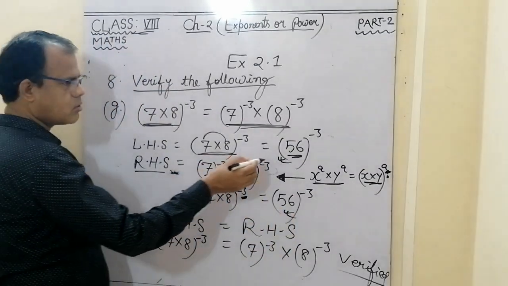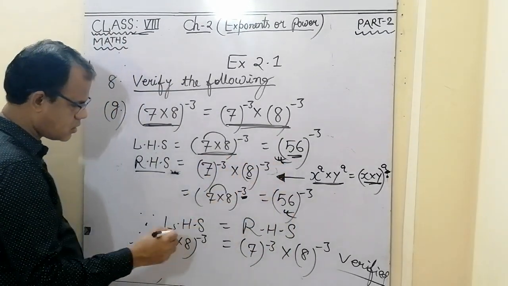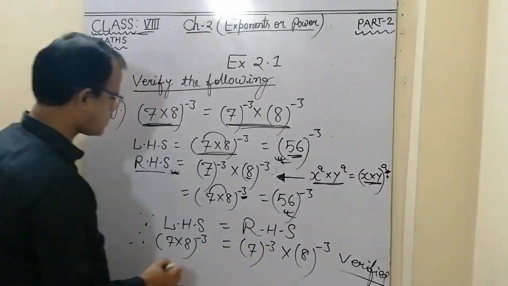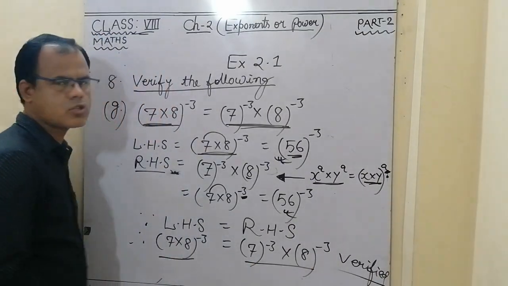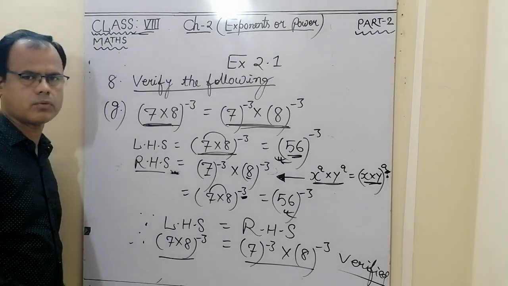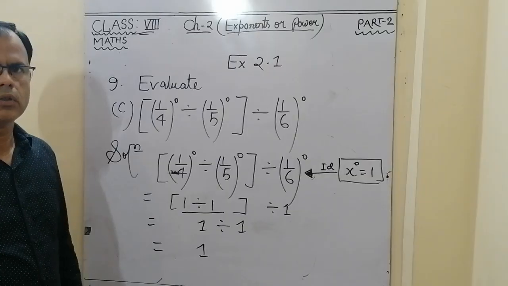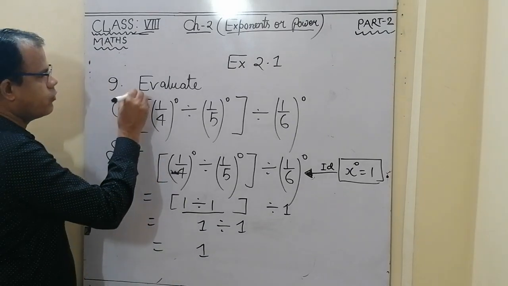The RHS answer is also same as the LHS answer. So LHS equals RHS. So this equals this, verified. You have to solve the remaining parts of the question.